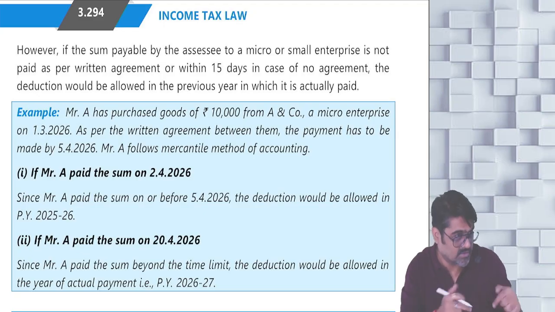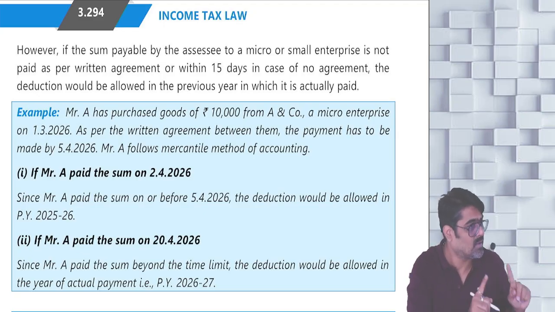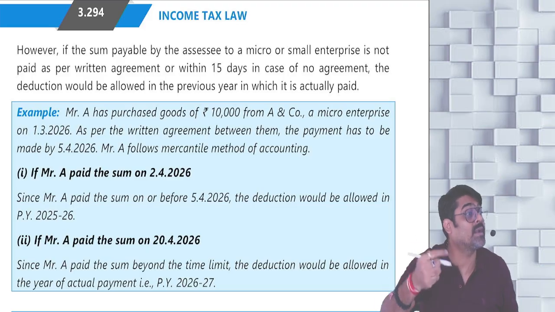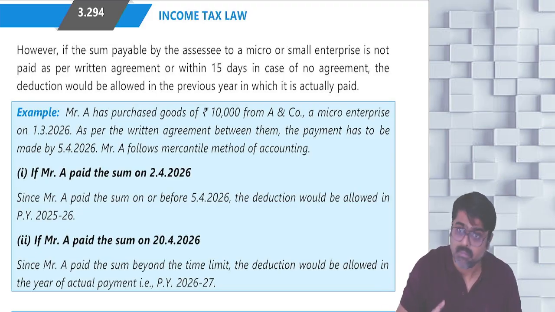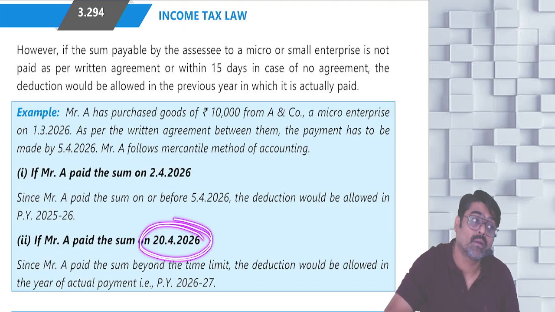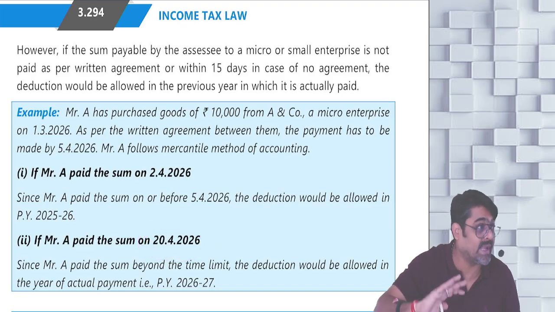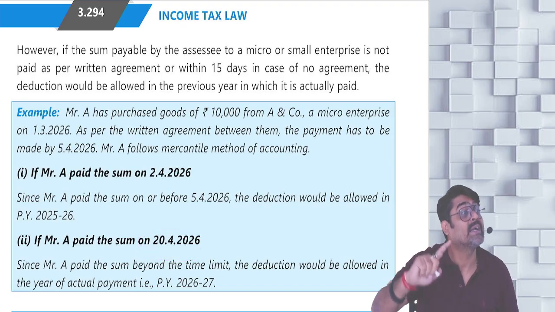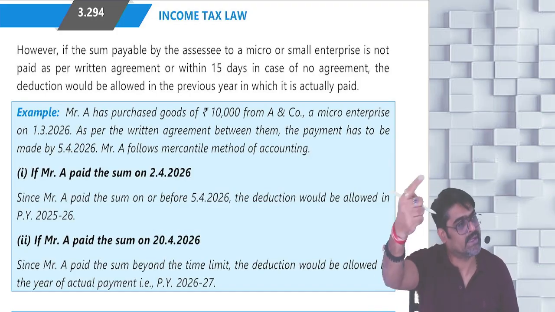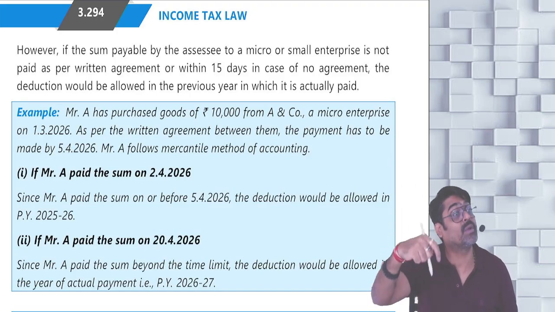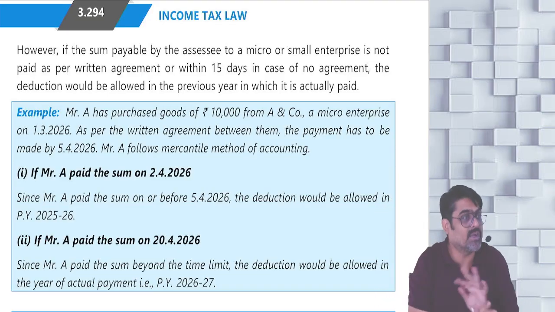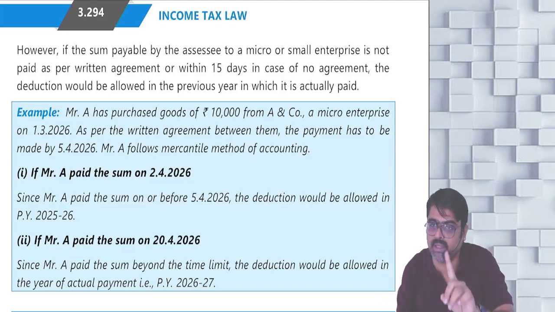This year it is still payable, no? It will not be allowed as a deduction on mercantile basis. We should have allowed it if you had made the payment on or before 5th of April. But are you making the payment on or before 5th of April? No. When are you making the payment? 20th of April, meaning after the due date. In the next year, go and take the deduction in the next year because the payment is actually made in the next year. This year it will be disallowed as per 43B.